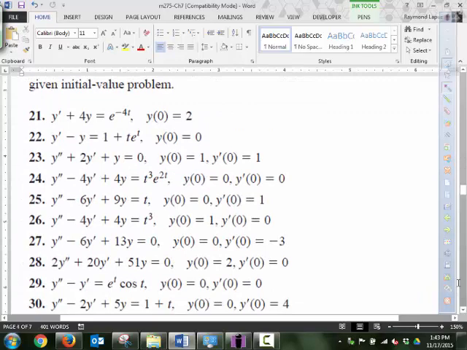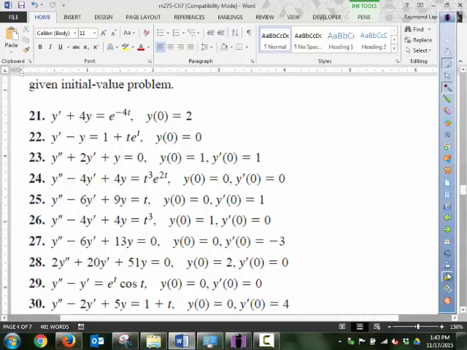Let's see. Can you look at these problems and see if any of them will have a sine or a cosine? 29. All right, let's try to do number 29. We're somehow guaranteed a sine and a cosine in there, right?